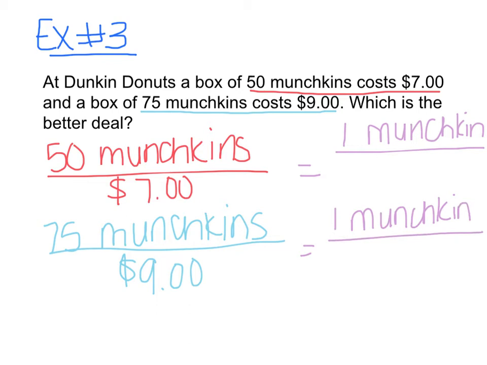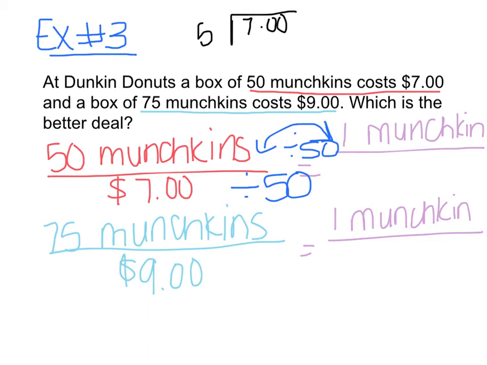So in our first problem, we're going from 50 Munchkins to 1, so we're dividing by 50. So we divide our bottom number by 50. So $7 divided by 50, you bring the decimal straight up. 50 can't go into 7, so we put a 0. 50 goes into 70 one time. 20 left over.